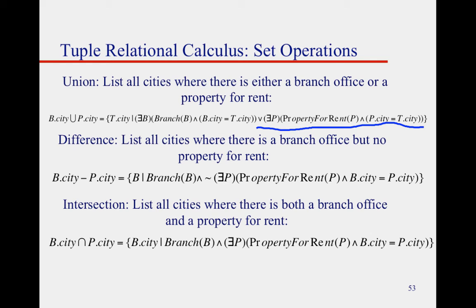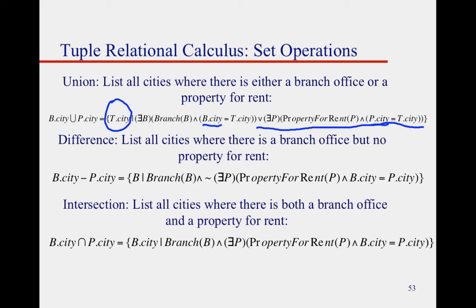So basically, I can list any city that I want over here on the left-hand side, but it's only going to be legitimate if it matches either a city in branch or a city in P. So this is the one time where you actually have a variable on the left-hand side that's in effect unconstrained on the right-hand side. Okay, in pretty much every other case, you will see the variable on the left-hand side constrained on the right-hand side.